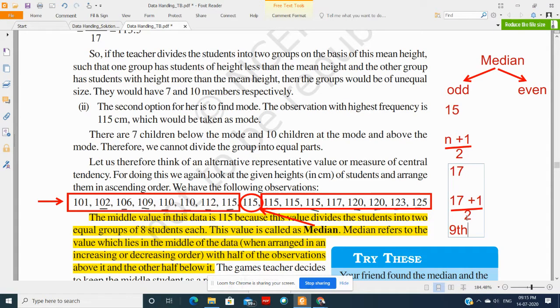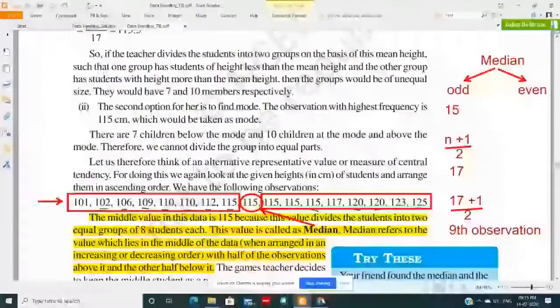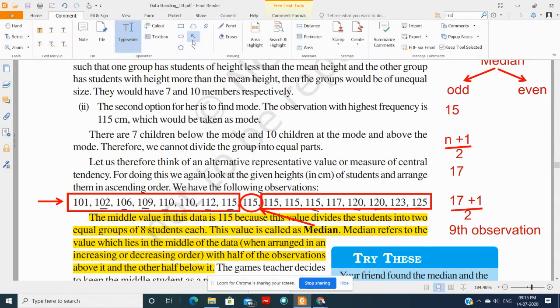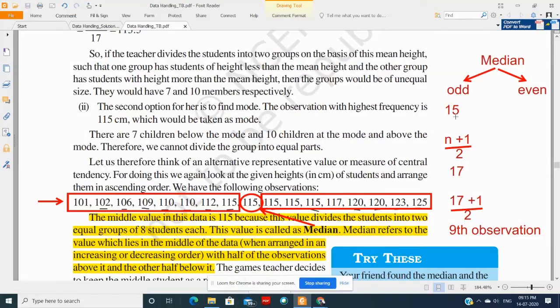The 9th observation means 115. Here there are 8 students on one side, and the 9th student will be your median. So don't consider that 9 is your median. No, the 9th observation is your median. This is how it is when the number of observations is odd.